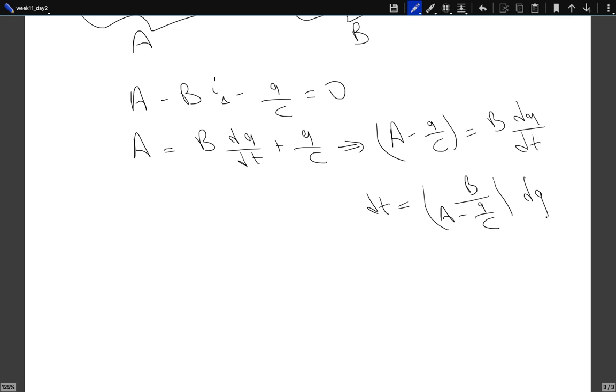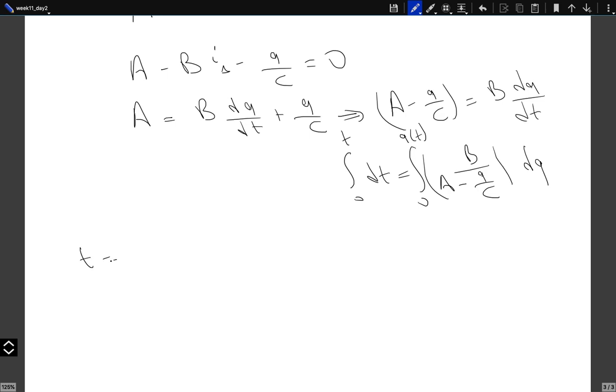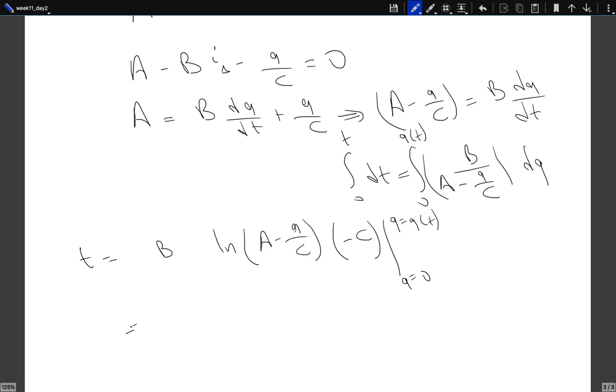Now I can integrate it from t equal to 0 up to some finite t, from 0 to Q of t. So t would be equal to B times the logarithm of A minus Q over C multiplied with minus C, from Q equal to 0 to Q equal to Q of t. So this is minus BC logarithm of A minus Q of t over C divided by A.